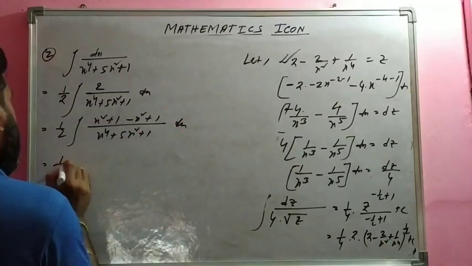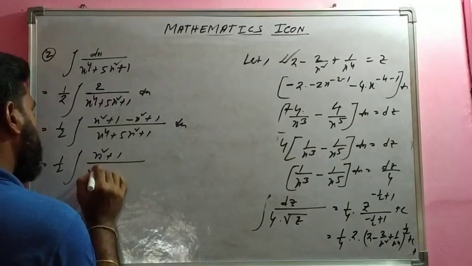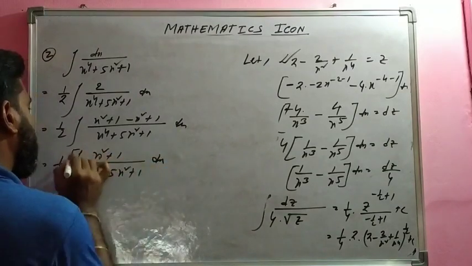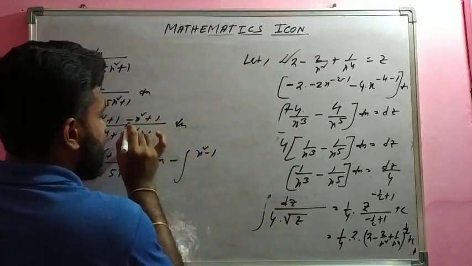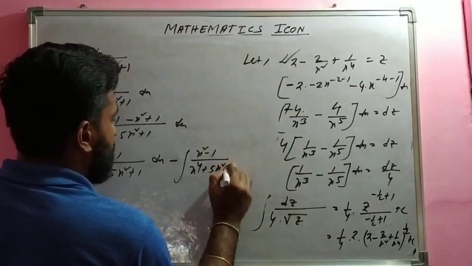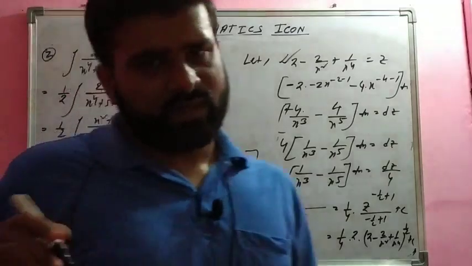So you can see half (x square plus 1) by x to the power 4 plus 5x square plus 1 dx, and then another thing is, minus sign is common, (x square minus 1) by x to the power 4 plus 5x square plus 1 dx. Okay, this is the structure.